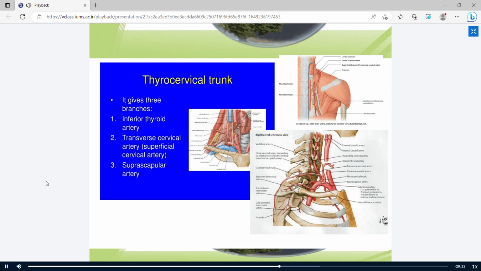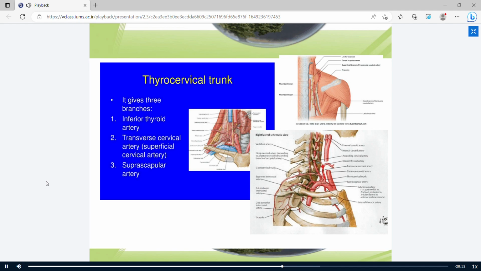Let's look at the inferior thyroid artery here. The inferior thyroid artery goes to, this is the thyroid gland, the posterior part of the thyroid gland and supplies the lower part of the thyroid gland, together with the superior thyroid artery.